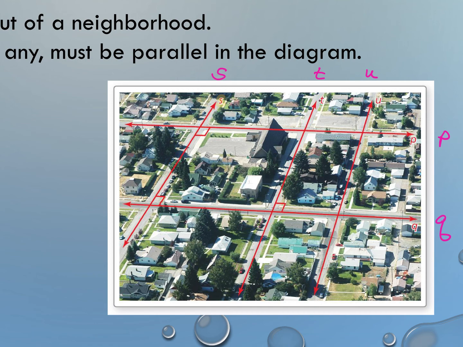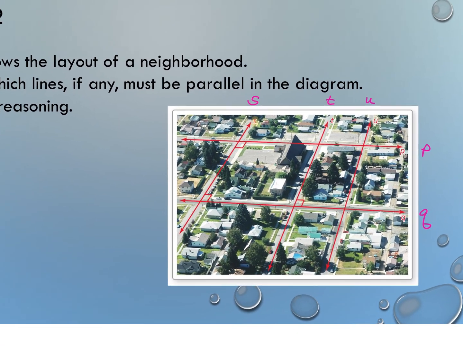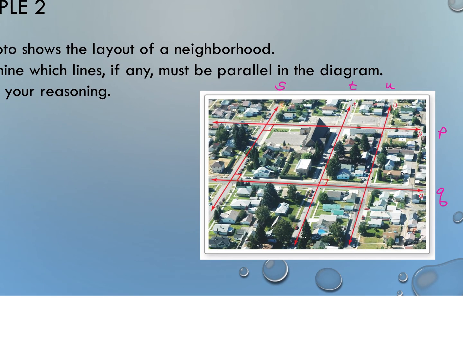So what we're going to use is the theorems that we just learned. Notice in my picture here, I've got a bunch of right angles. So I got a right angle right here. Let's see if a different color will show up better. Maybe the pink. So I got a right angle right there, and another one right here, and another one right here.